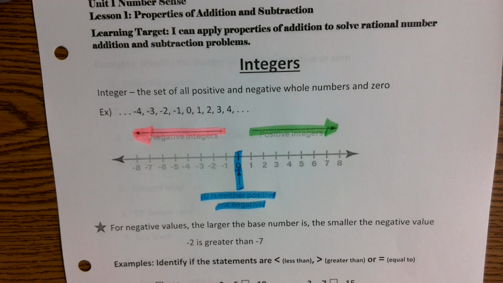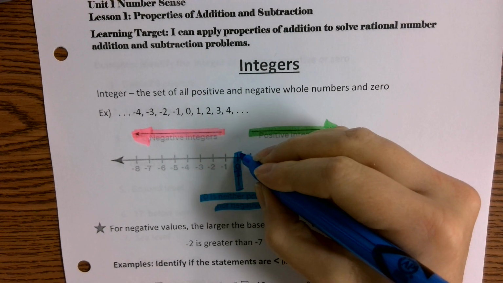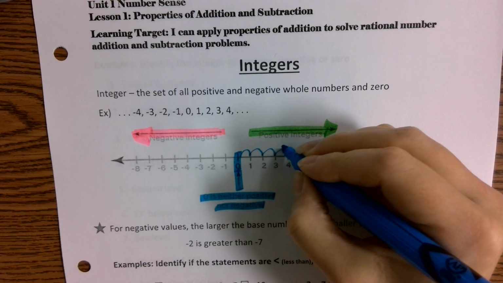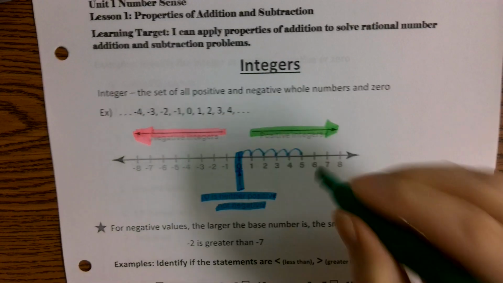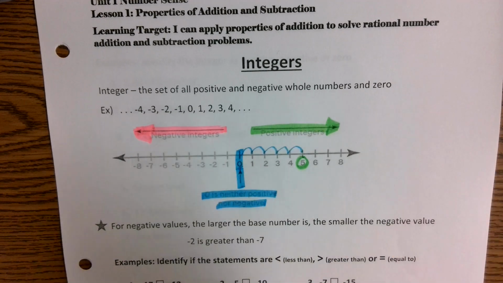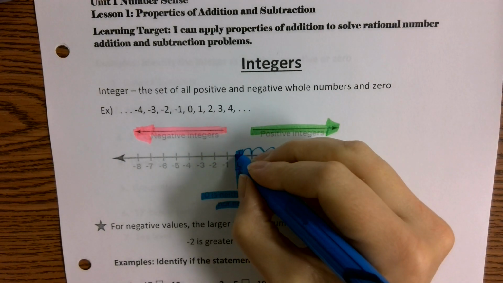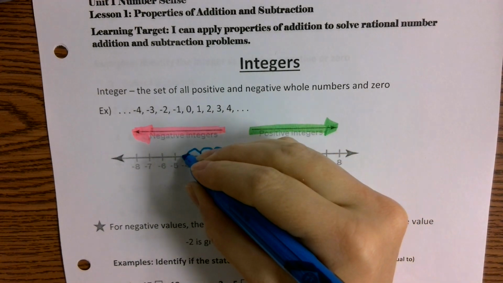So for example, if I'm wanting to identify the placement of a 5 and its direct opposite, the direct opposite of 5 would be negative 5. So 5 happens to be located 5 spots away from 0 to the right. And then negative 5 is also 5 spots away from 0, but it's to the left.